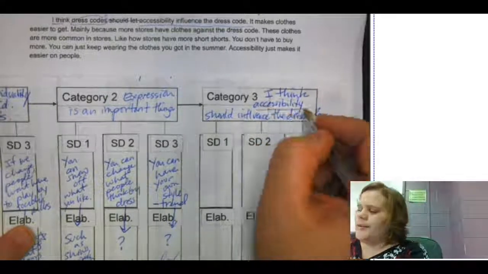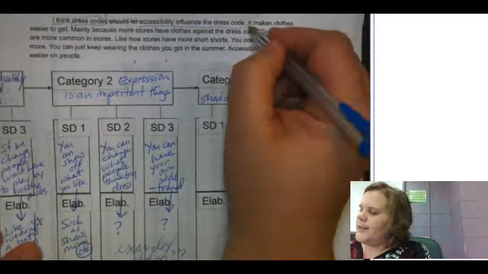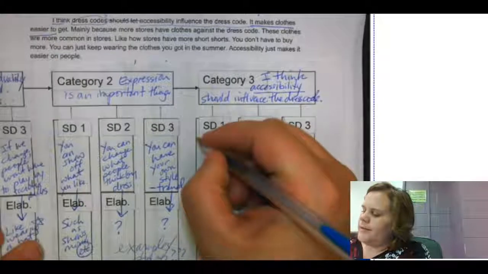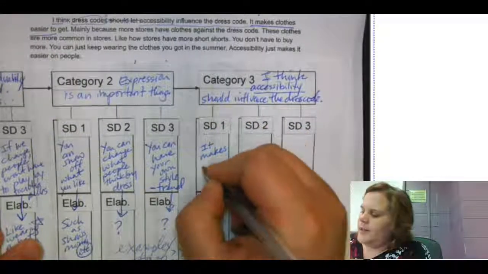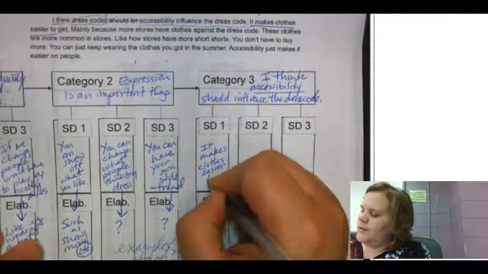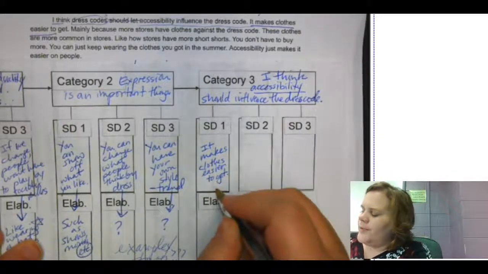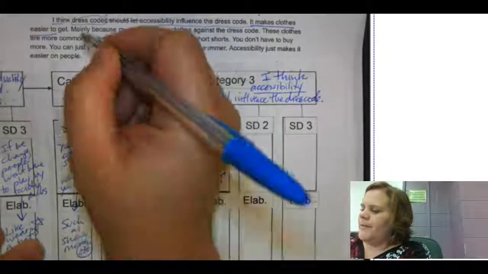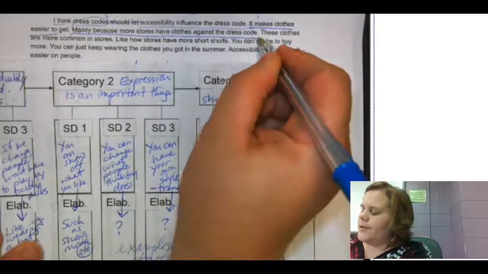Okay, and accessibility means you can access something. So first thing, it makes clothes easier to get. All right. So I need something about it being easier, mainly because more stores have clothes against the dress code.